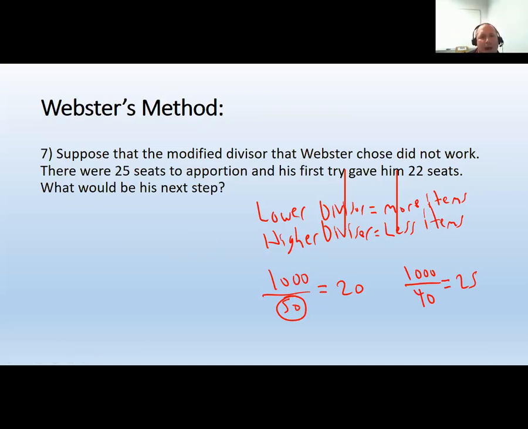Webster's method is normal rounding. You just have to know which way to go when you're choosing a modified divisor; if it doesn't work, you have to know whether to lower your divisor or raise your divisor. So does anybody have any questions?